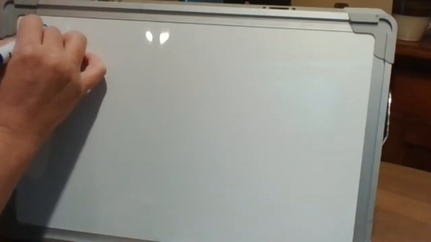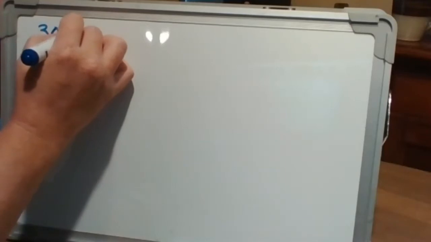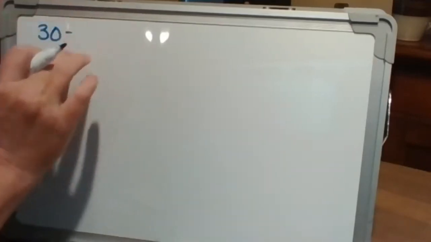So the first thing I want to do is review those general special right triangles and then see how they are going to apply to the unit circle for us. So our 30, 60, 90 triangle.